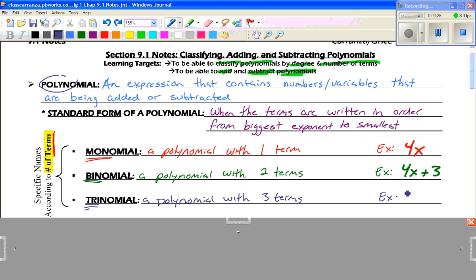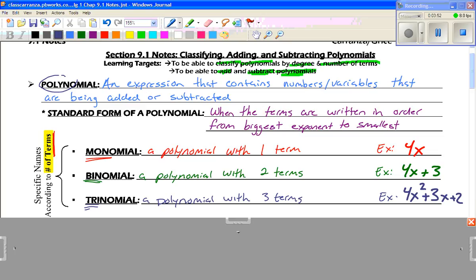So let's keep with these numbers. 4x plus 3x plus 2. But you're like, hey, wait, we can add the 4x and the 3x. Let's change that 4x to 4x squared. And now can I combine any of those? No, because they're different terms.